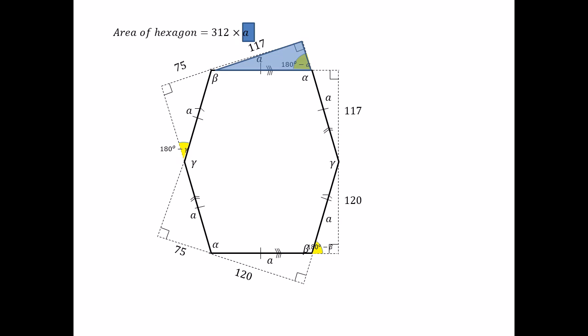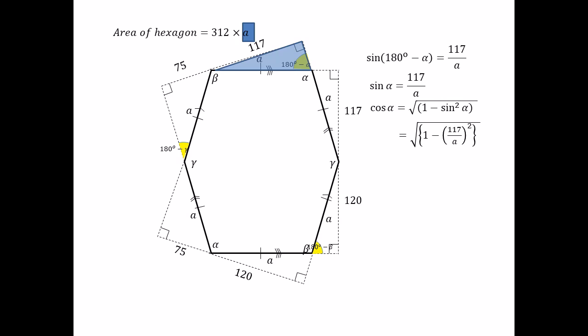In this right angle triangle, you see that sine of 180 degrees minus alpha is equal to 117 upon A. This angle's opposite side is 117 and the hypotenuse is A. Now sine of 180 degrees minus alpha means sine alpha. So the value of sine alpha is 117 upon A. And we know cos alpha is equal to root over 1 minus sine square alpha. We get cos alpha equals the square root of 1 minus (117 upon A) whole square.